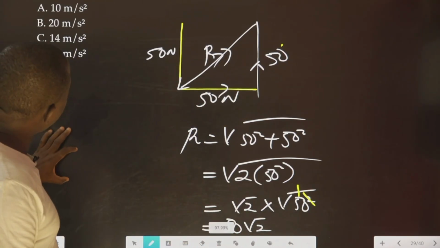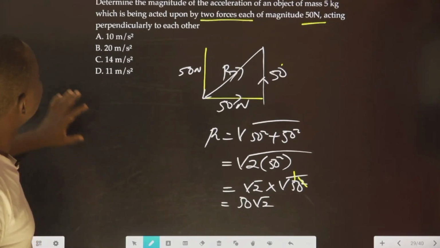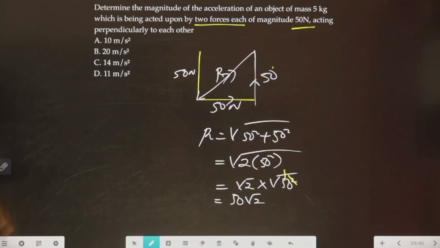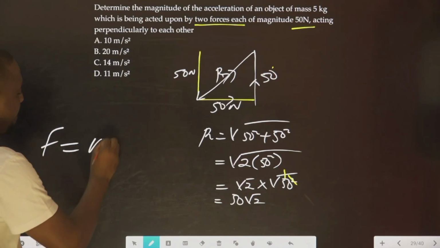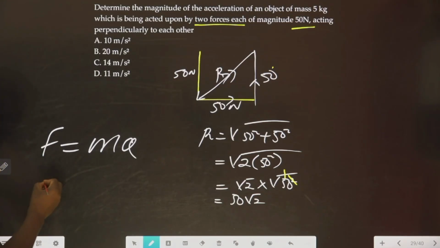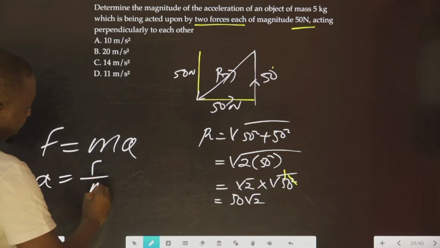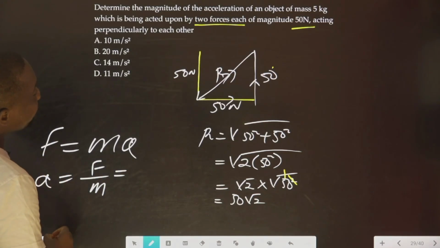Now that we have this, the question says what? Determine the magnitude of acceleration of mass 5 kg. What is force? Force is ma. We are looking for acceleration, which is F over m. What is F?